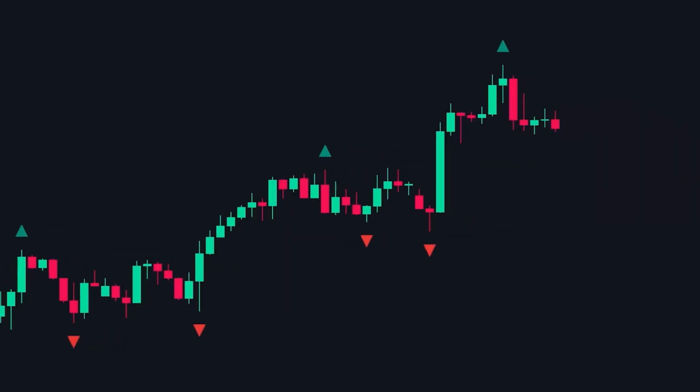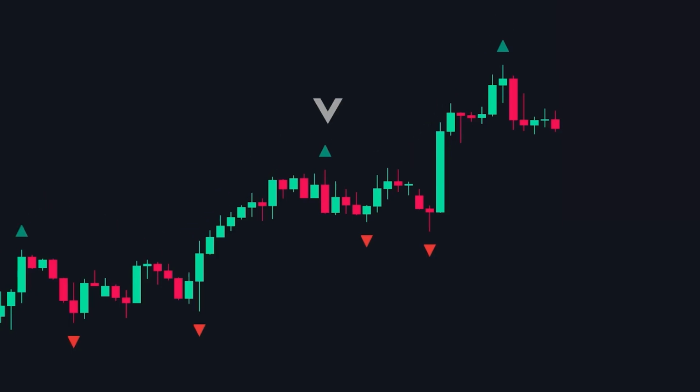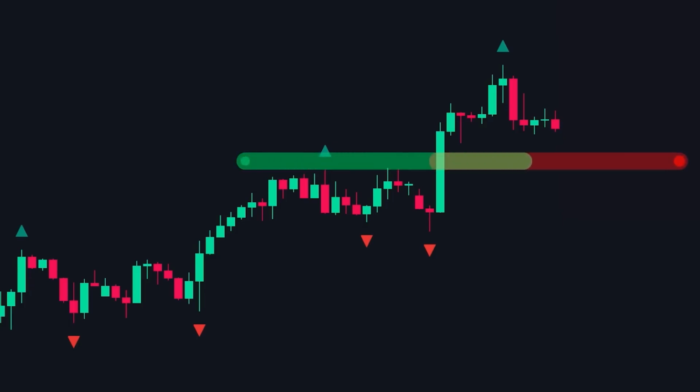For example, the price was on an uptrend with higher highs and higher lows. At some point, the price reaches a peak before falling back. We classify this pullback area as a resistance level. After that, the price breaks above this resistance and begins an impulsive move. When the resistance level is overcome, it converts into support.